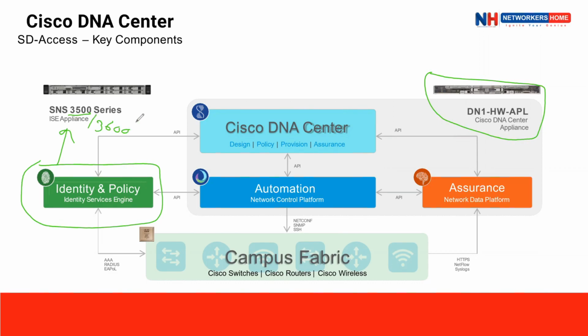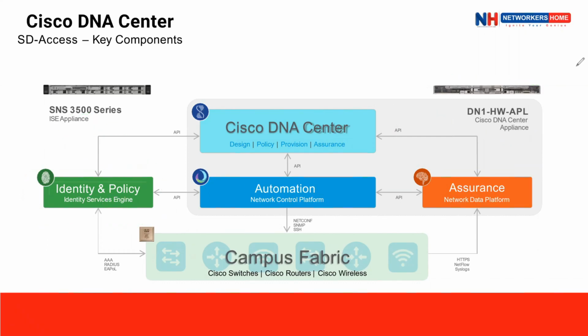There is also the 3500/3600, which is the latest series, 3615, 3695, based on the type of deployment you have, small, medium, large scale. And this was the diagram which I was talking about. This automation or network control platform, which sits inside the DNA Center, is used in SD-WAN as well, ACI as well, and SD-Access as well.